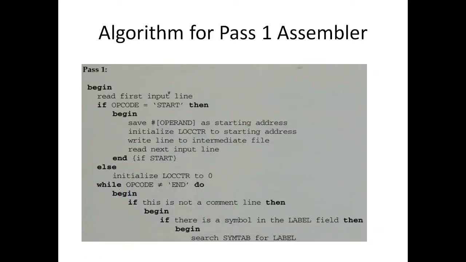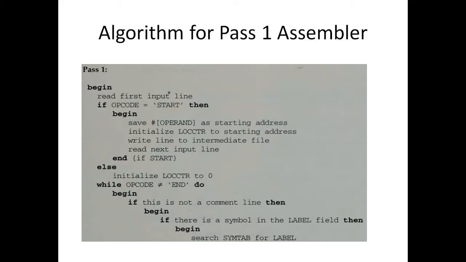Next we'll see the algorithm for the pass 1 assembler. Already you have seen the example of how we calculate addresses in the location counter, what are opcodes, labels, and operand values. Based on those examples, we'll see how this algorithm works.